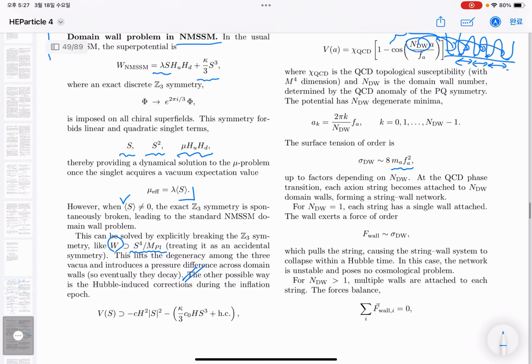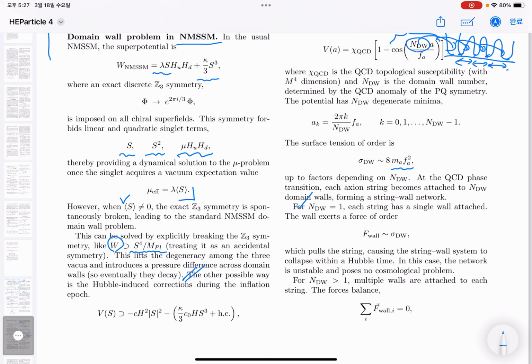When the domain wall number is equal to 1, the string has only a single wall attached, so the wall bounded by the string has just the order of the surface tension.